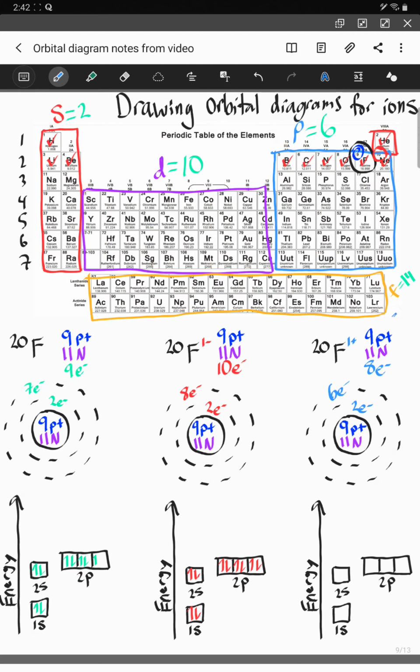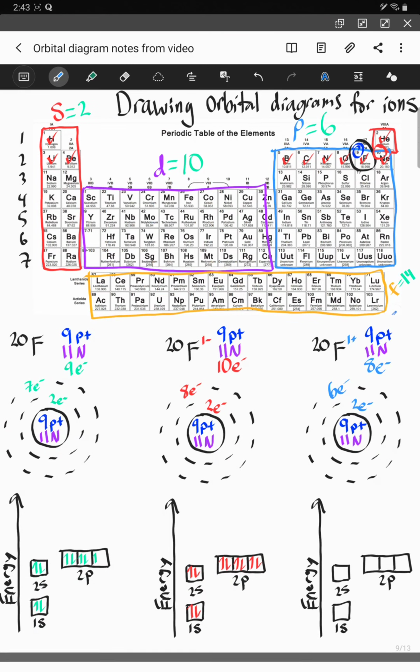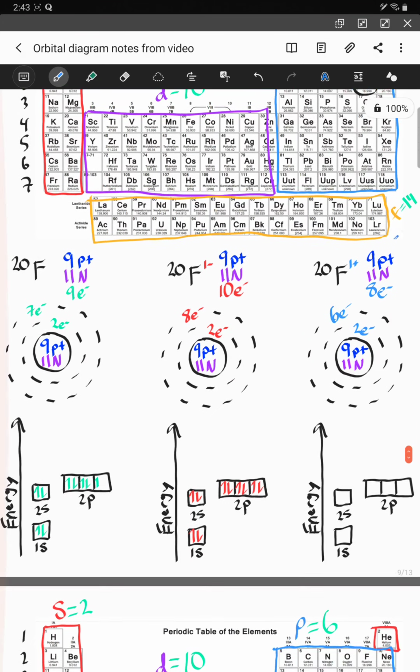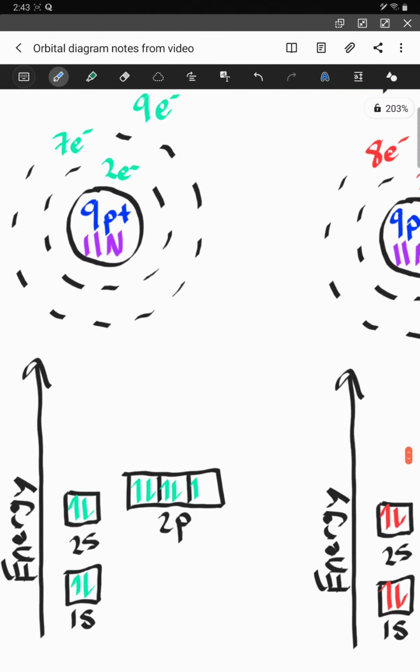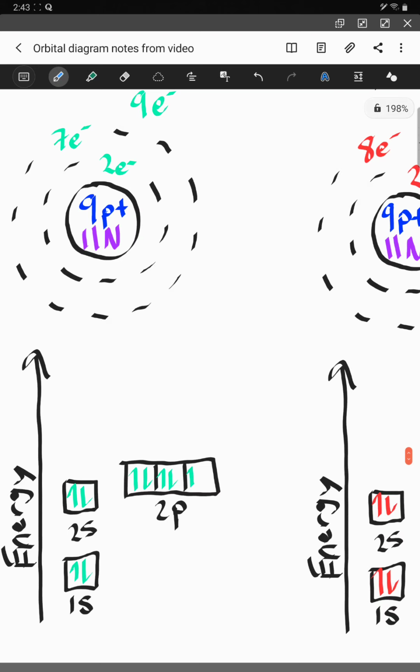So if we're comparing to this model over here for the uncharged fluorine, remember before when there was a -1 charge, all we did was add 1 electron? Well, now all I'm going to do is take 1 electron away. But be careful. Let me zoom in. The electron that we're going to take away, we would not take away this electron.